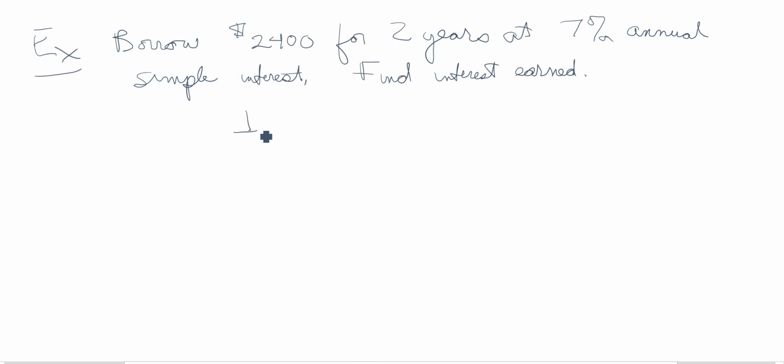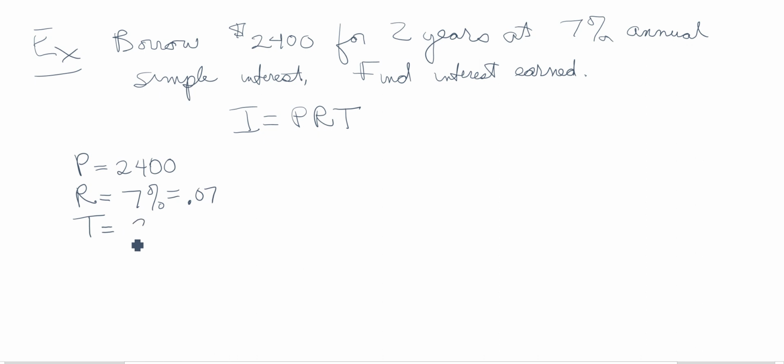My formula is I equals P R T. P is my beginning amount, which is that $2,400. R is my interest rate, 7%, but I have to write that as a decimal, 0.07.